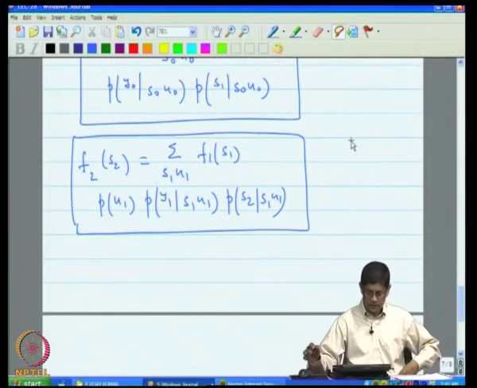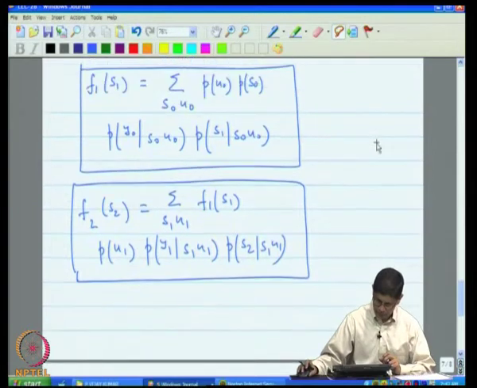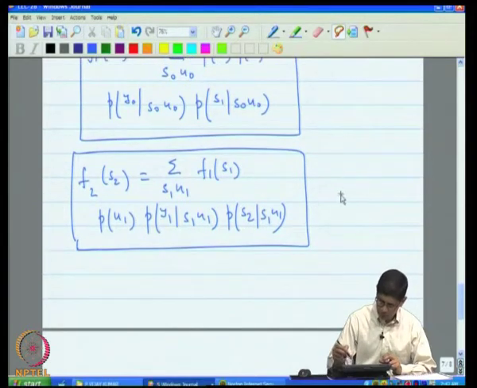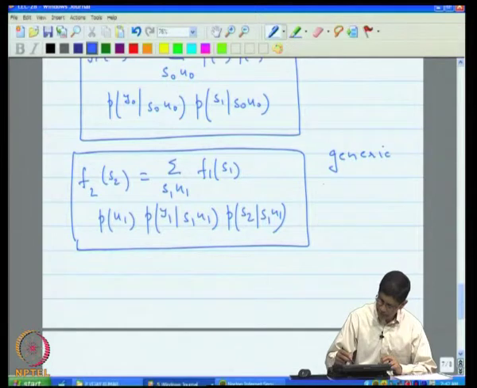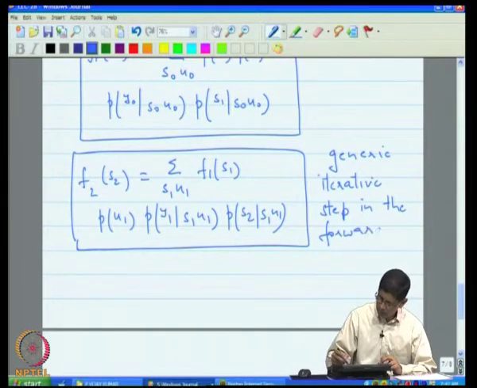So, now the question is, I want to focus on this because in some sense this is the generic iterative step in the forward direction.